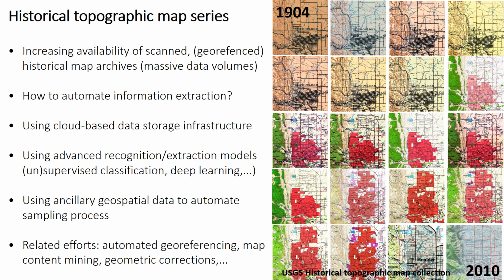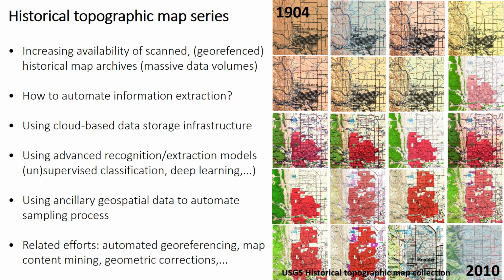So we see here the USGS historical topographic map collection, where you can nicely see how, of course, the city of Boulder has grown over time, but also how map layout, map design has changed, and how the map content has changed over time. So we speak about massive volumes of data, and the question is, how can we automate information extraction from such topographic map collections?